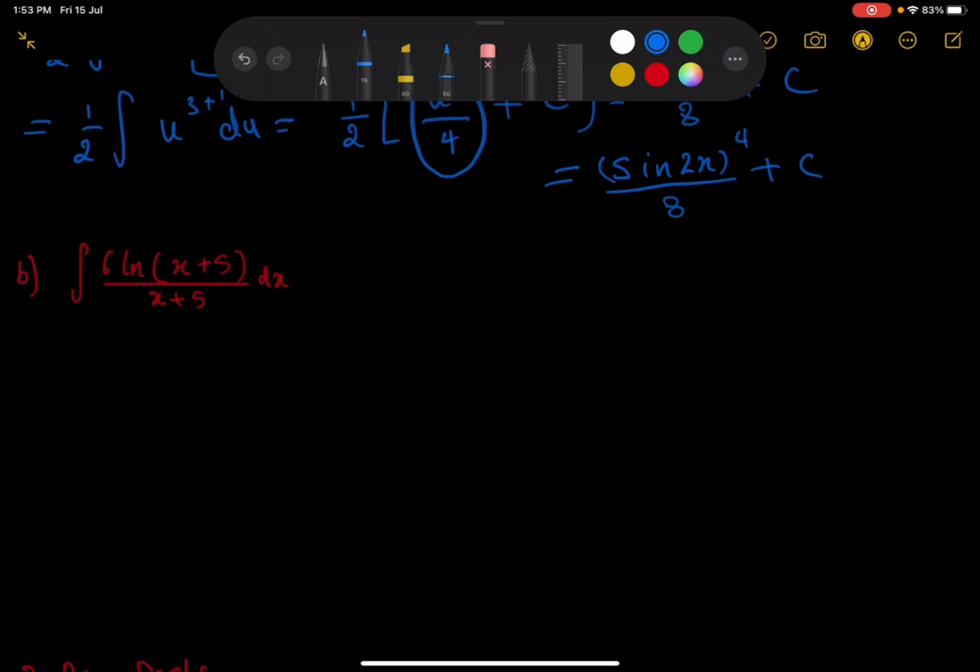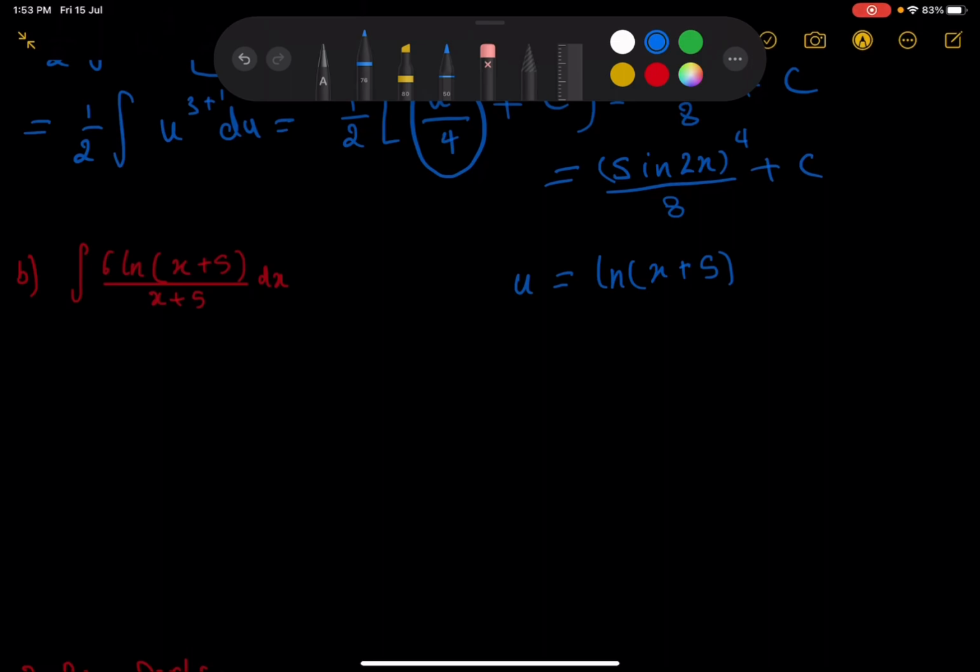So what I'm going to do is take ln x plus 5 as my u. However, if you only took the bracket x plus 5, this won't solve the problem, and you're going to remain with the same problem, which is integrating ln.